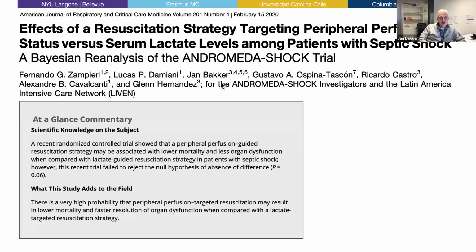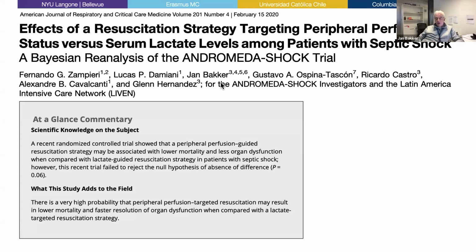And so with all these negative priors, even if you are extremely negative and you think that capillary refill time will actually increase mortality, the chances that the patient will benefit and so will have a decreased mortality is more than 90%. And so taking all this together, it seems that capillary refill time outperforms lactate, given the problems of lactate in, let's say, perfusion, oxygenation related problems in ICU patients.